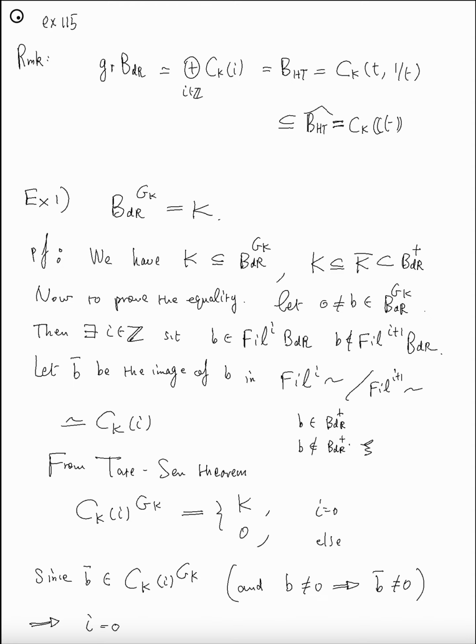But then b bar is inside the quotient, which gives you, say, K. Right, so congruent to b mod the maximal ideal.